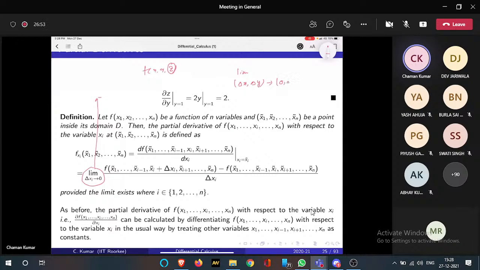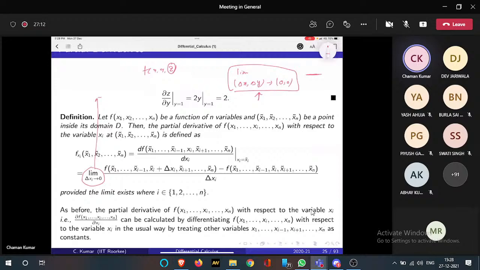This notion is defined only when you come from all possible directions. So this is a completely different definition, which is the definition of differentiability of a function.